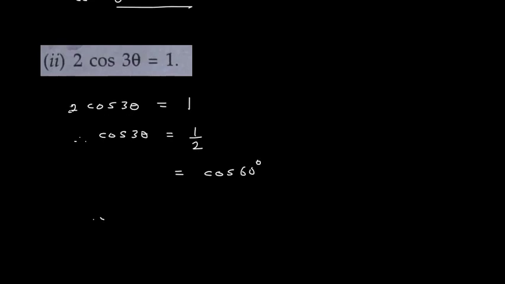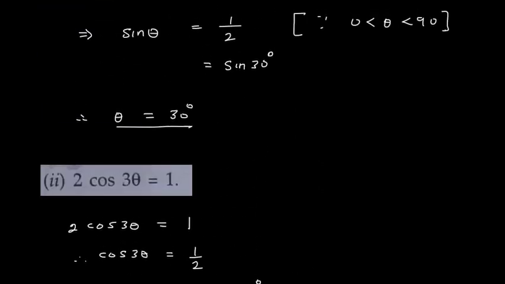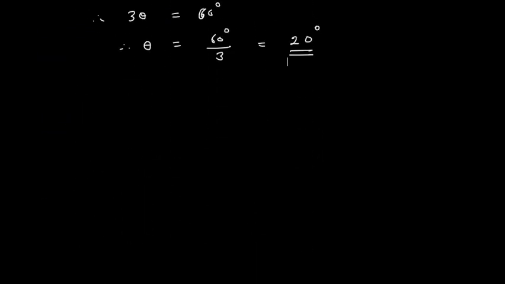Now cos 60 degrees is 1 by 2, that means this 3 theta is 60 degrees, and therefore theta is 60 degrees divided by 3, which is 20 degrees, since 3 twos are 6. So the value of theta we got is 20 degrees. That was the second question. Now let us see the third one.